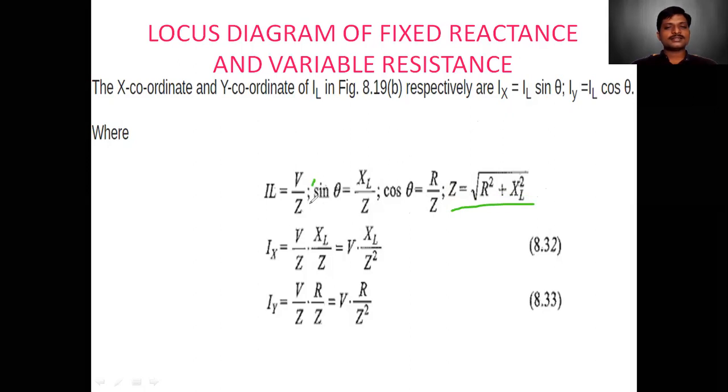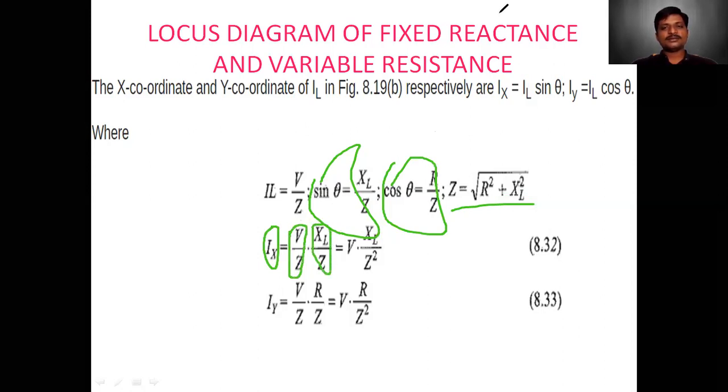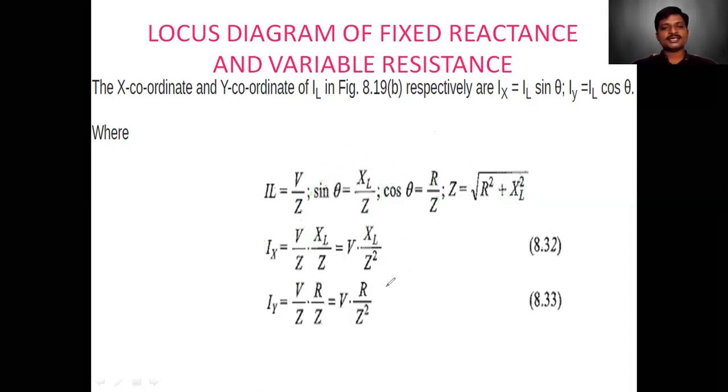Also assume that sin theta is equal to XL by Z and cos theta is equal to R by Z. Now we will modify these equations. Take Ix: instead of IL we will write V by Z, and instead of sin theta we will write XL by Z. In that case we get V into XL by Z square. Take that as a separate equation.